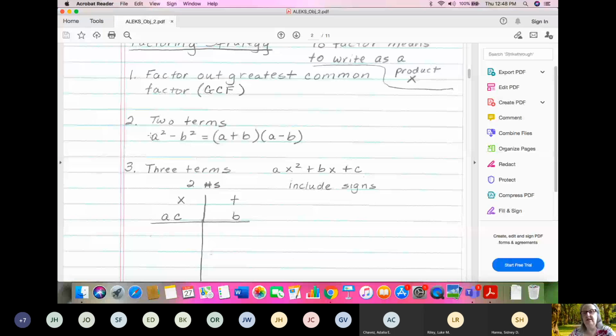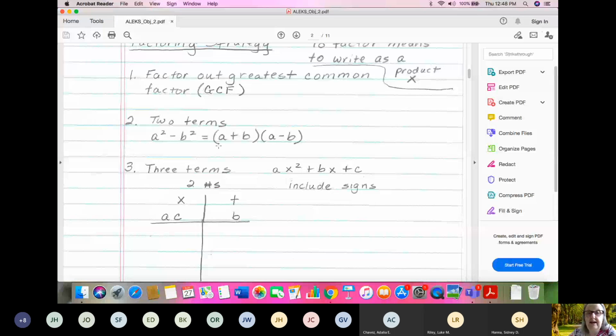Now, why does that work? Or how can I prove that this is correct? We could FOIL. FOILing only works when you have 2 terms times 2 terms. There's really a plus sign right here, so we really have 2 terms in the first and 2 terms in the second. So I'm going to FOIL this to prove that we get back this.